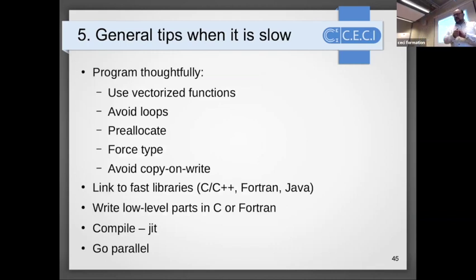So I said earlier, there are general tips that you can follow when you feel that your program is a bit slow compared to what you would expect. And they are actually a bit technical. So I will not go into the details because it would force you to think much more about the inner working of the language, which is the opposite direction I want to go by using an interpreted language.